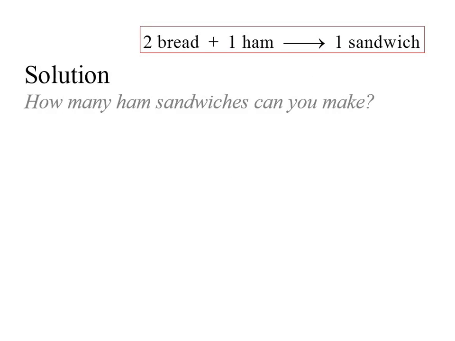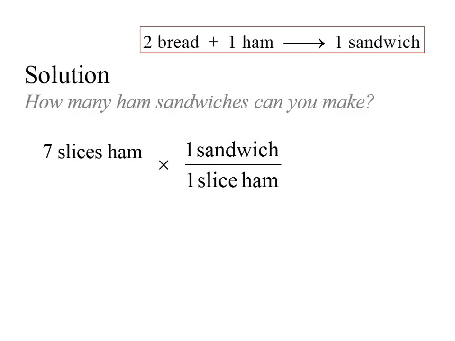So, doing this with stoichiometric ratios, it would look like this, where we start out with 7 slices of ham over 1. Then we could use the 2 slices of bread for 1 slice of ham as our next term.